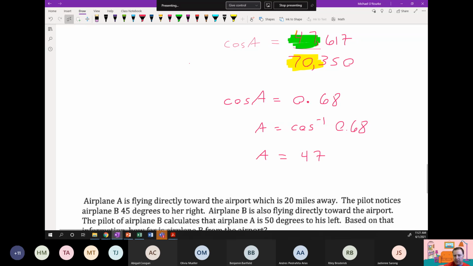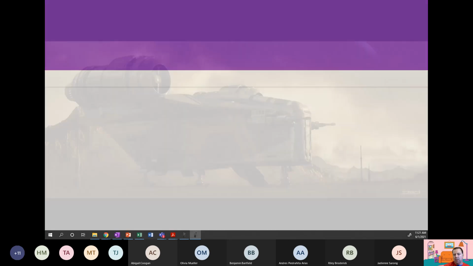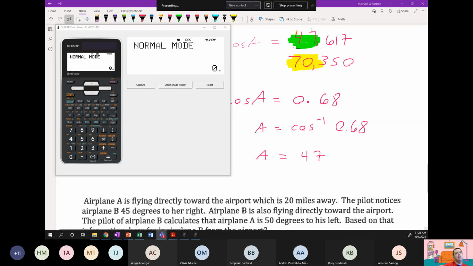Where did my calculator go? Did I close my calculator? What kind of calculator are you on again, Tessa? Something looks like mine, right? It works the same as this one, if I'm not mistaken.